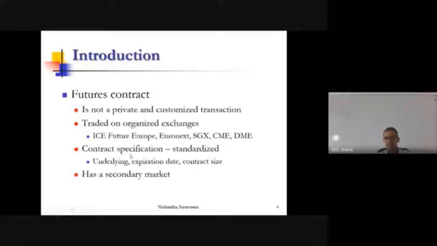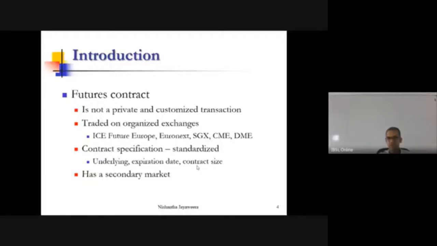In that, it specifically says what the underlying transaction is, what the expiration date is, and what the size of a particular contract is. One contract is for this amount, say dollar euro. The contract size may be $100,000 or 100,000 euros. Then you have to do the transaction in multiples of contracts, not the amount that you want.